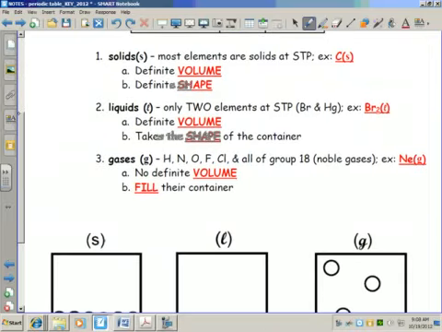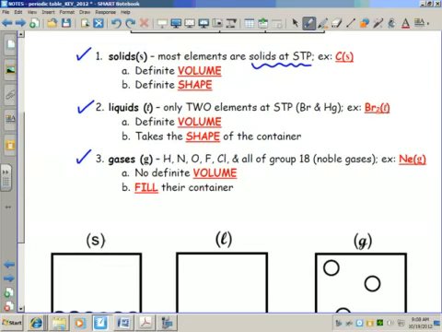Three phases that we are concerned with in regents chemistry are solids, liquids, and gases. And I'm sure you're familiar with them in a general sense. We'll talk about which elements are solids at STP.